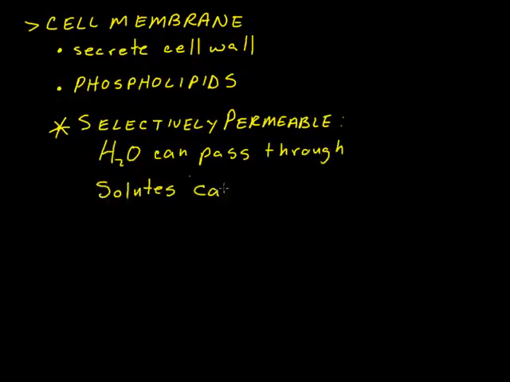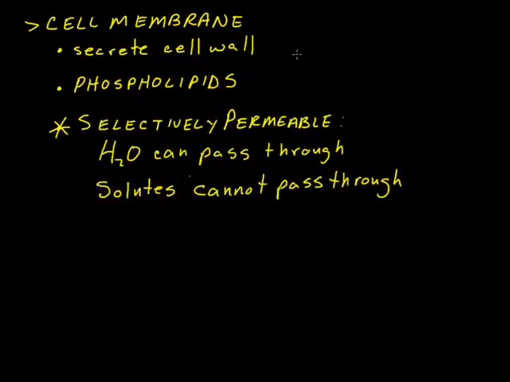Solutes in general cannot pass through. And this is very important in terms of how a cell functions. And in fact, many of the organelles within the cell itself have their own membranes, and they have this same selective permeability characteristic as does the cell membrane.